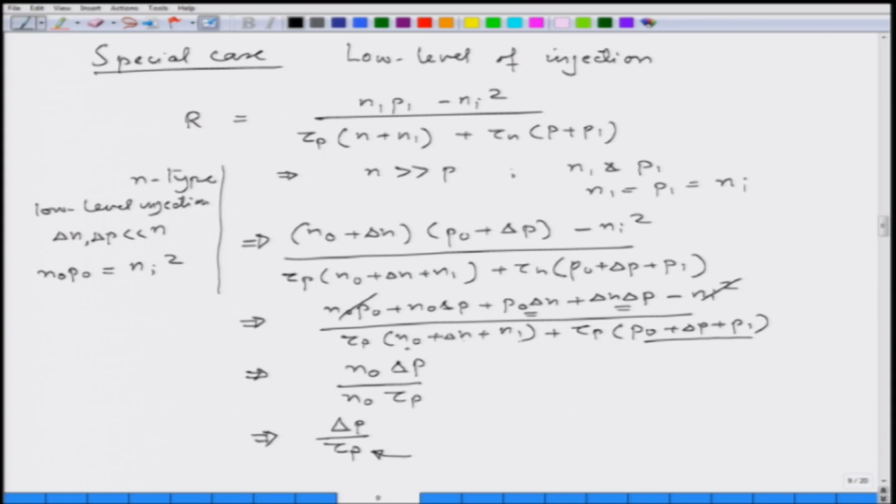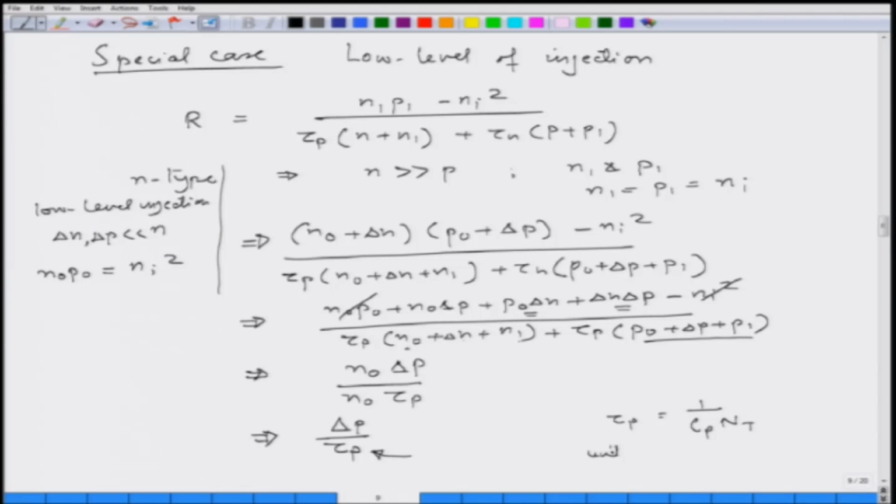It is also important to mention that if we looked at the dimensionalities all the time, tau_p, which is defined as 1 over the capture coefficient C_p times N_t, has dimensions such that this is in terms of seconds and N_t is in terms of per centimeter cube, which means the units for the capture coefficient are centimeter cube per second.